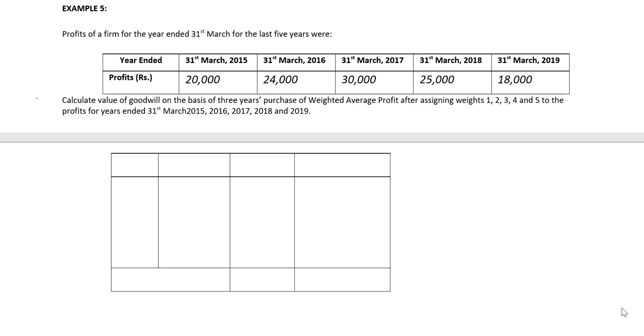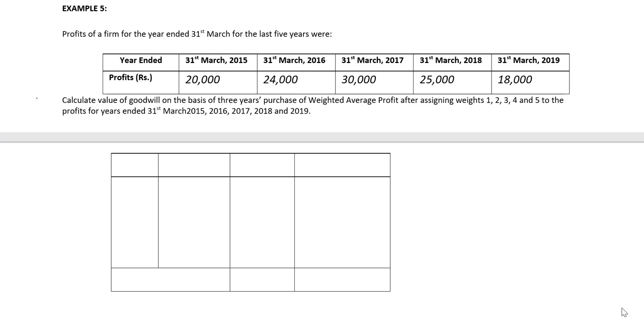For the year ended 31st March 2017, profits are 30,000 rupees. For the year ended 31st March 2018, profits are 25,000 rupees. And for the year ended 31st March 2019, the profit is rupees 18,000.